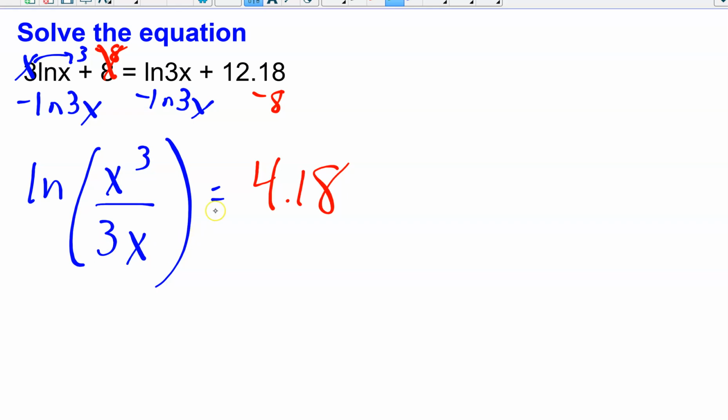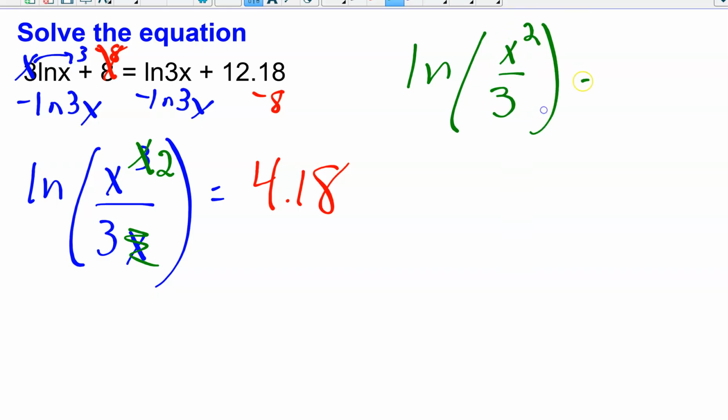And then in order to separate these, I could simplify this, and maybe I want to do that. There's 3 on the top, 1 on the bottom, so I'm going to make that 2 on the top. So I could simplify that. And then in order to separate an x from the log, I need to go exponential.